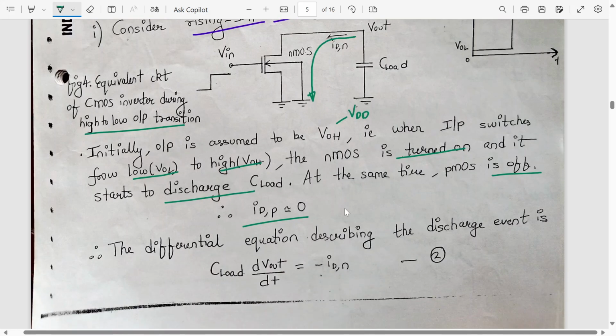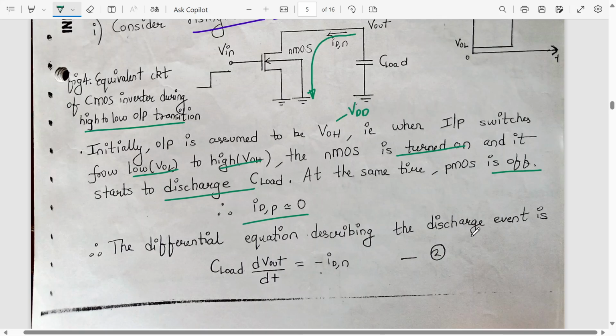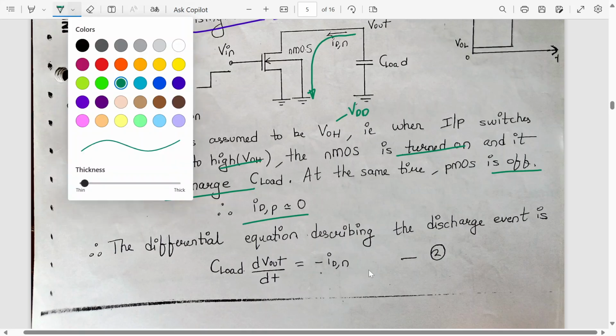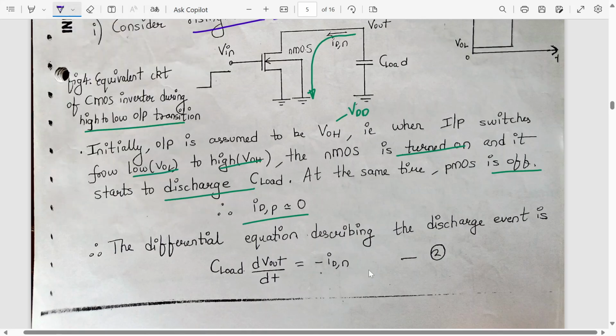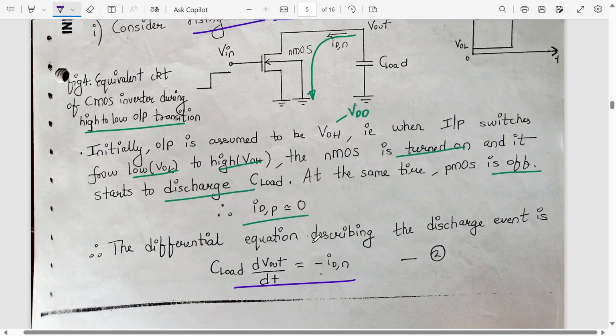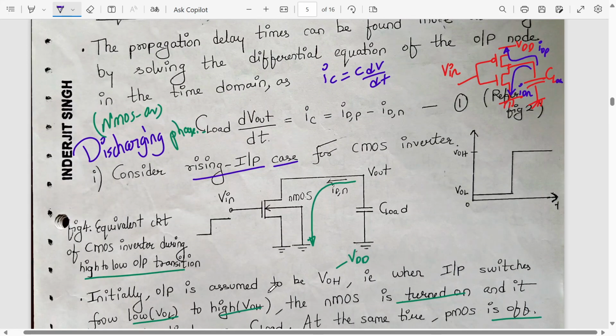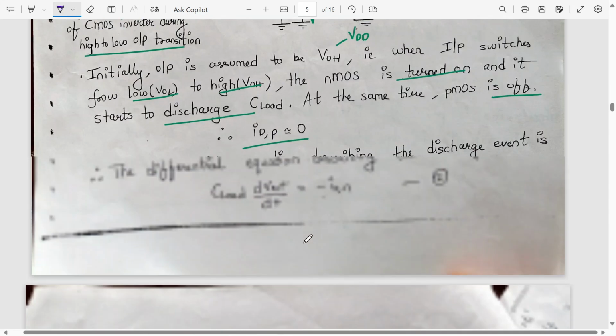Agree? So the differential equation describing the discharge event will be CL dVout by dt is equal to minus IDN. Agree up till here? Because IDP will be 0, as the PMOS is turned off, because it is a discharging event. So the charging event is turned off.